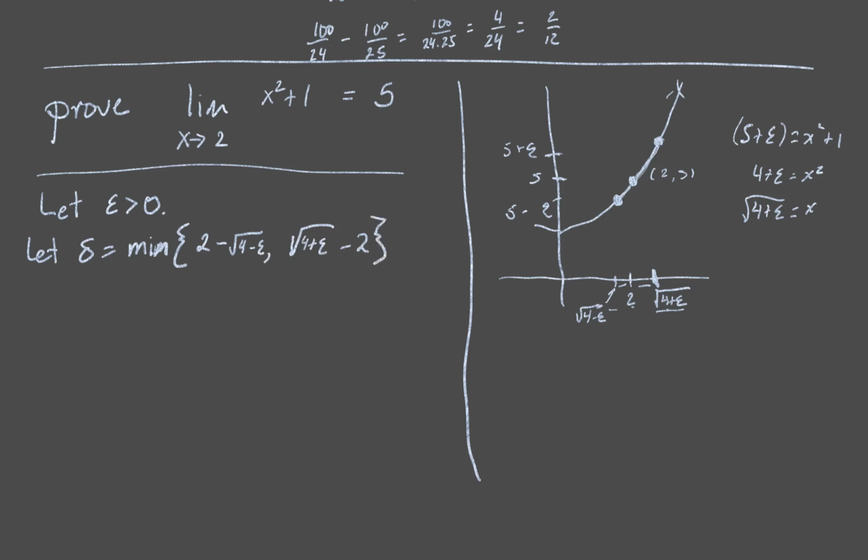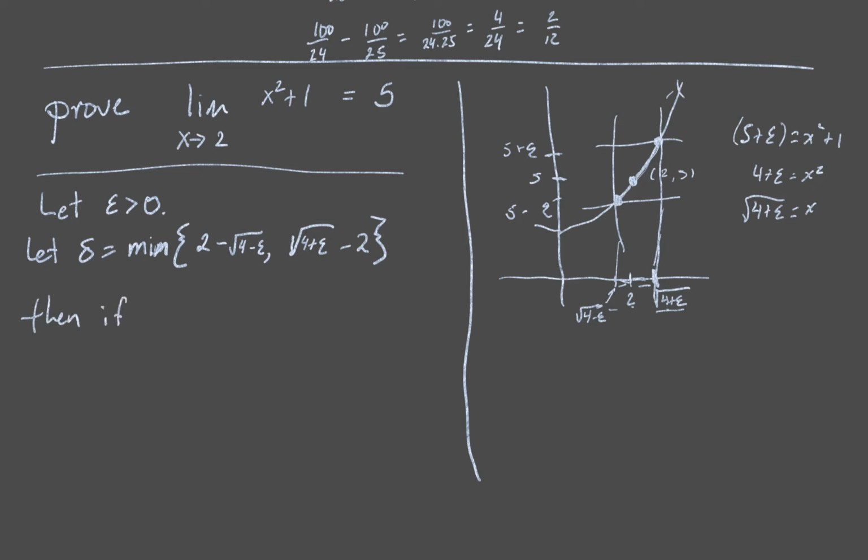Those are two positive numbers, and we want the smaller of the two. We see where we got those. We solved the expression so that we would be within the vertical bars as long as my horizontal bars were here. And then we took the minimum because I want to go the same distance to the left and to the right.